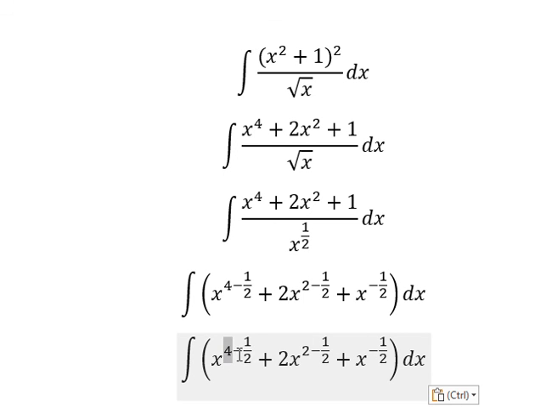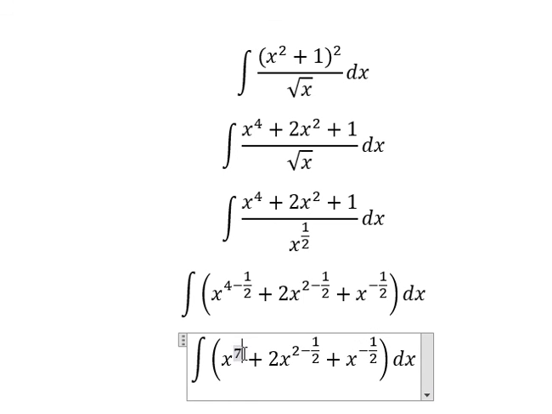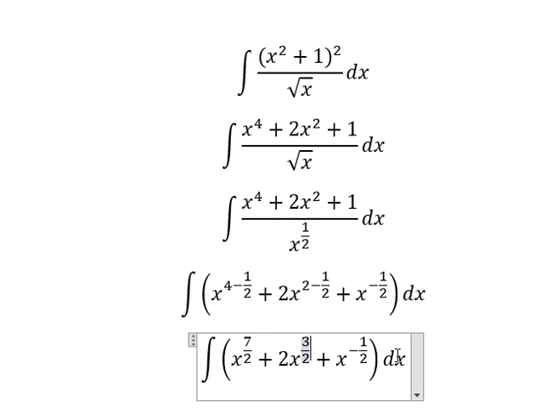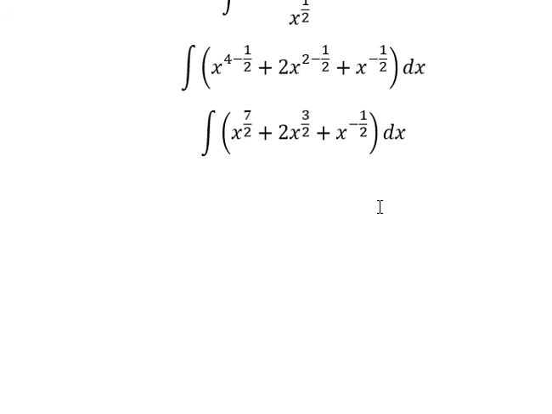So this one we have 7 over 2. This one we have 3 over 2. And now we have the final answer.